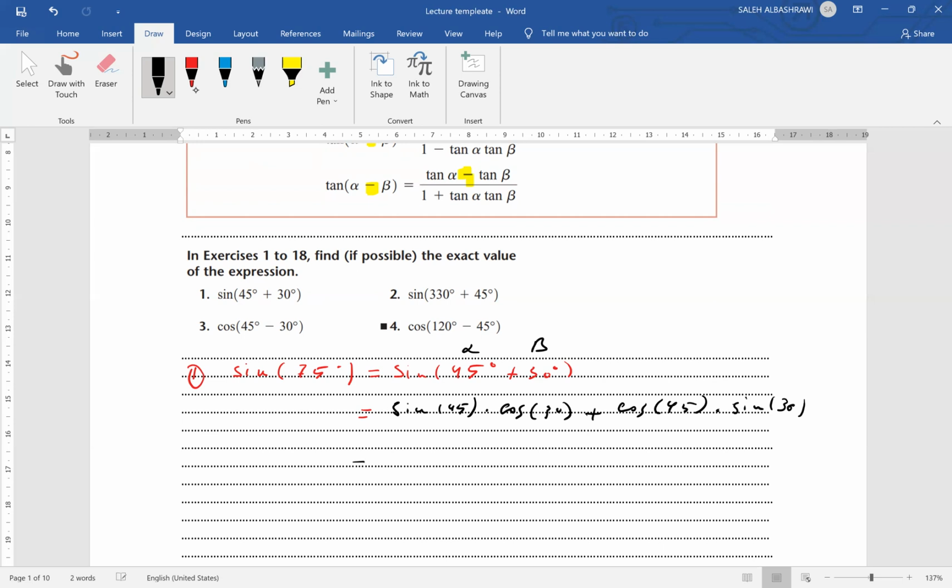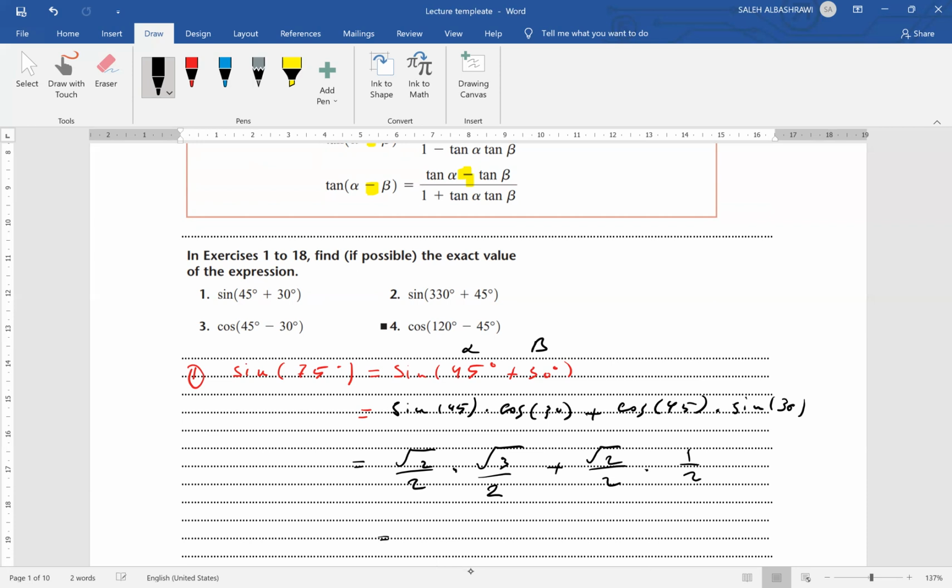So sine 45 equals square root of 2 divided by 2, multiplied by cosine 30, square root of 3 divided by 2, plus cosine 45, square root of 2 divided by 2, multiplied by sine 30, which is 1 over 2.